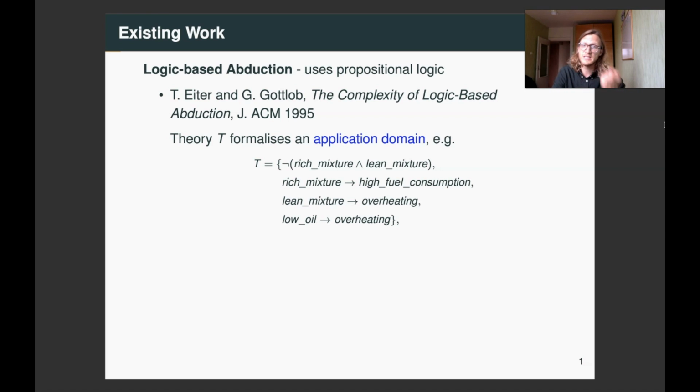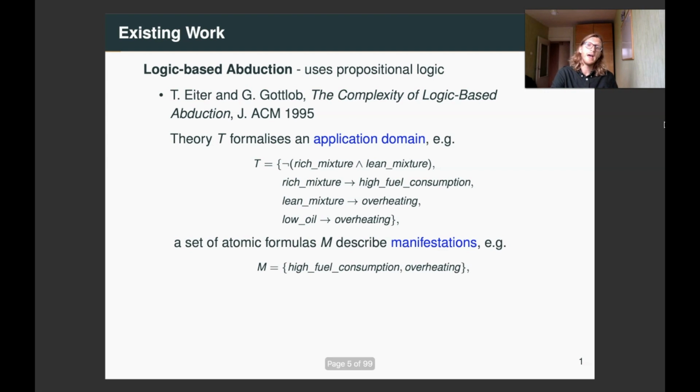For example, these propositional sentences express that rich mixture and lean mixture in our engine cannot occur together. Rich mixture leads to high fuel consumption, lean mixture to overheating, and low oil to overheating too.